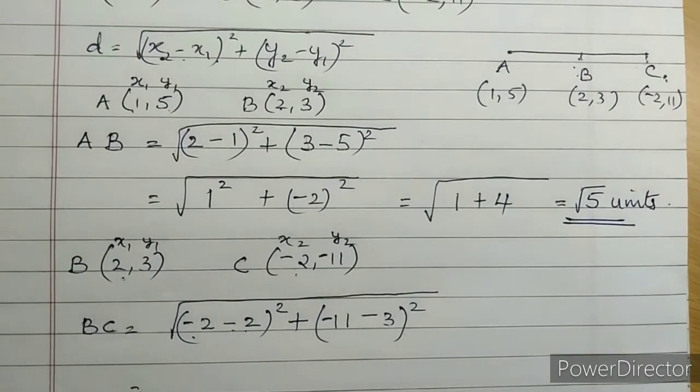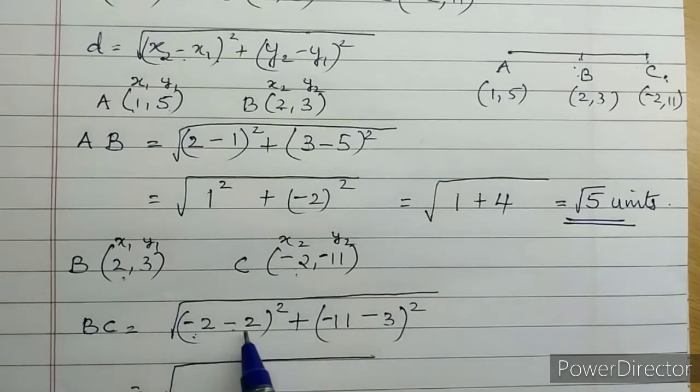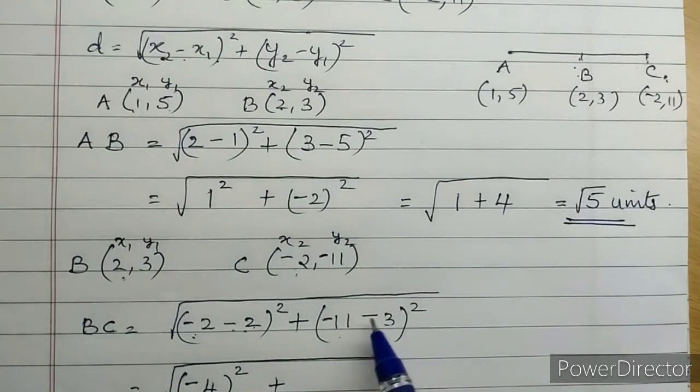So that is equal to square root of minus 2 minus 2. Both are of the same sign, so you have to add them and put the same sign: minus 4 whole square, plus minus 11 and minus 3. They are also the same sign, so you have to add them and put a negative sign. 11 plus 3 is 14. So minus 14 whole square, which is equal to minus 4 whole square, how much?